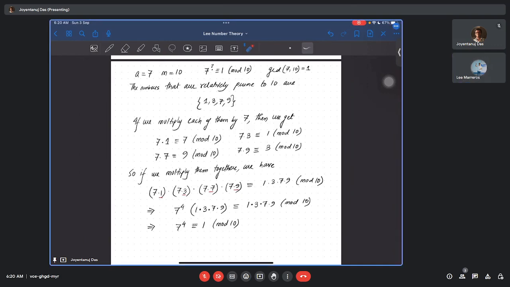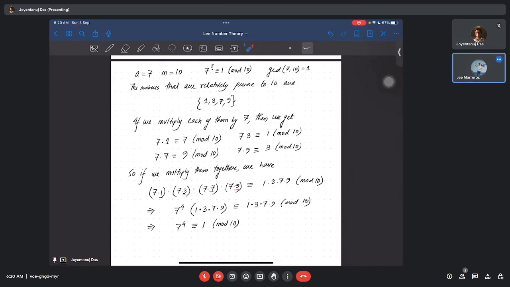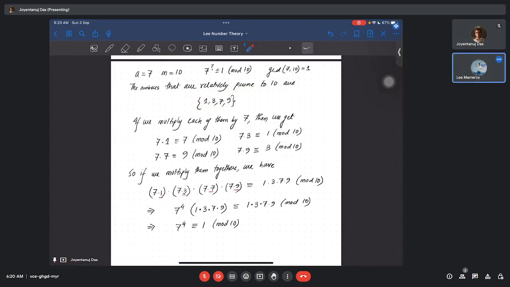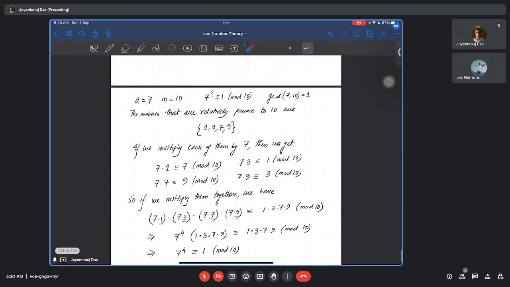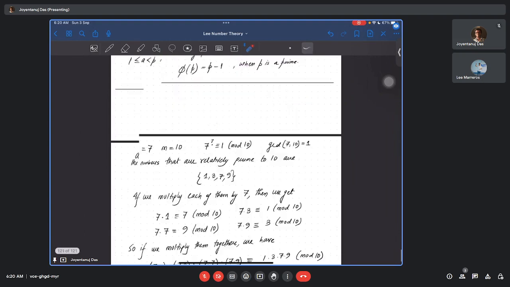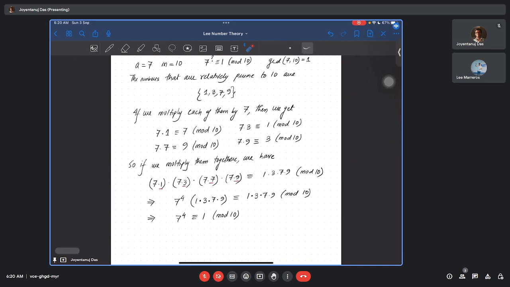Here you can see that the number of elements that are relatively prime to 10 is four, right? That is the cardinality of the set we defined earlier, that is phi of m. Phi of m is the number of elements less than m that are coprime to m. So this 4 is nothing but phi of 10.